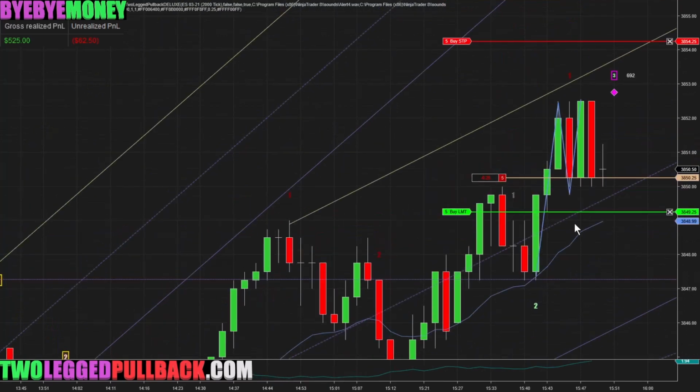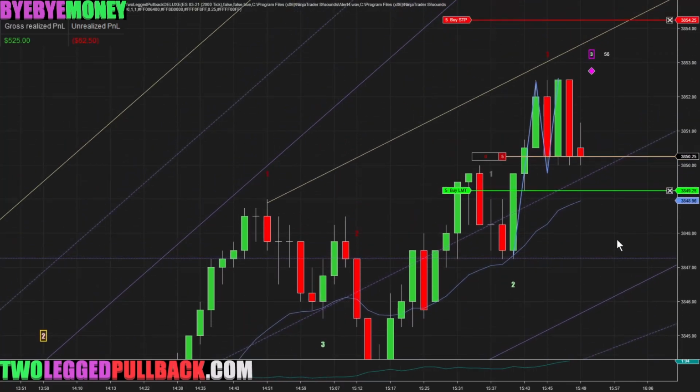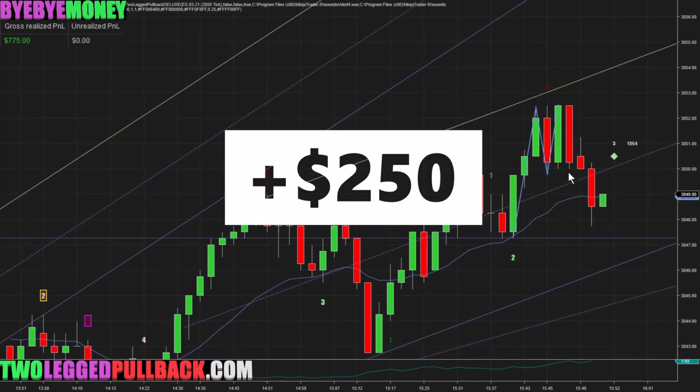And not only that, this pattern here, inside this is actually a two-legged pullback, A, B, C. And so we have a two-legged pullback with just the bull bar, bull bar, bear bar, A, B, C. All right, I feel like I could have done more than that, but it's okay.